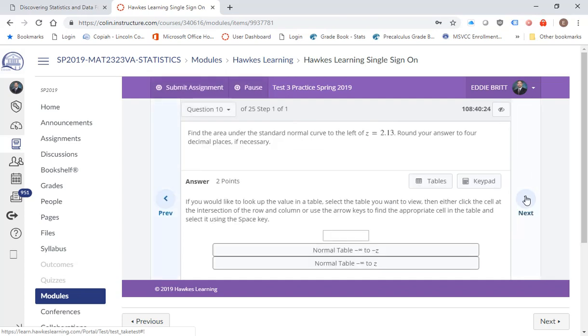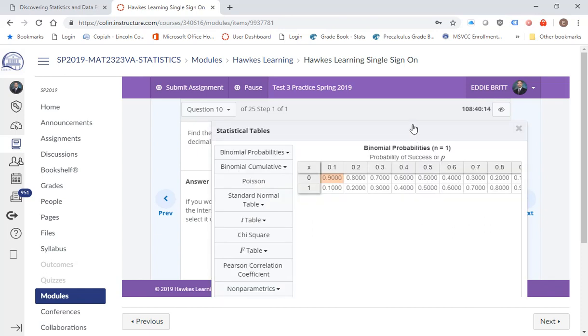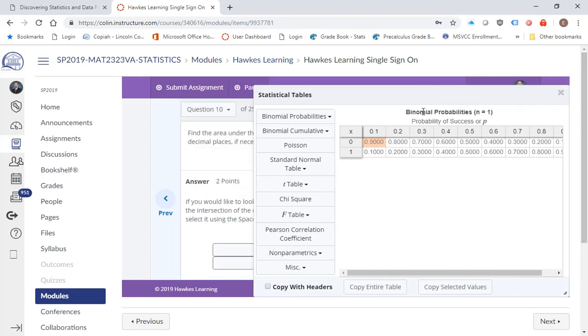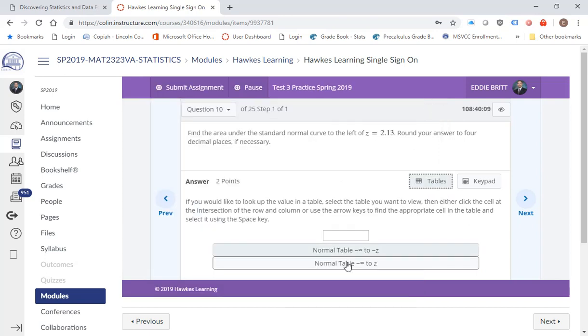All right. A lot of these problems going forward will need tables. Notice that you have lots of table buttons here. Some of them you may have the table button here. Some of them you may have to come here, and if you notice, well, let me go back. This said normal table negative infinity to negative z, negative infinity to z. Those are in here.